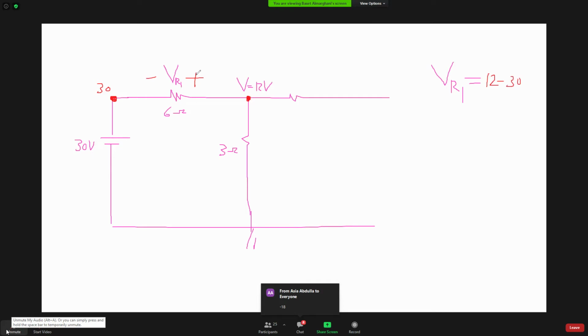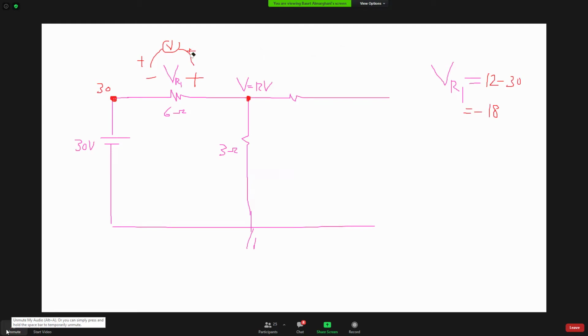The positive is 12, the negative is 30. The voltage here minus the voltage there. So it's going to be minus 18. So if you connect your voltmeter like this, positive here and negative here, it's going to read minus 18. If you connect the positive here and the negative here, it's going to read 18.